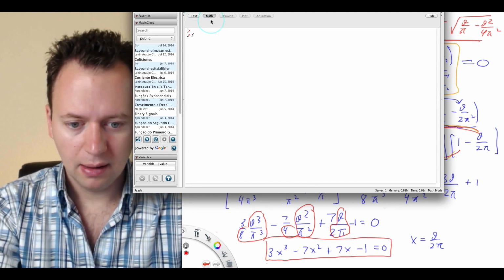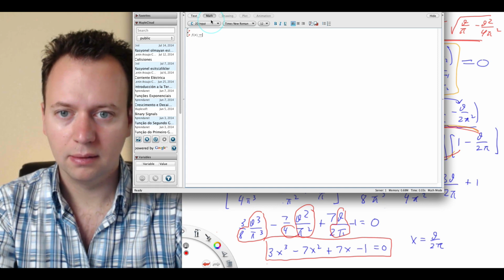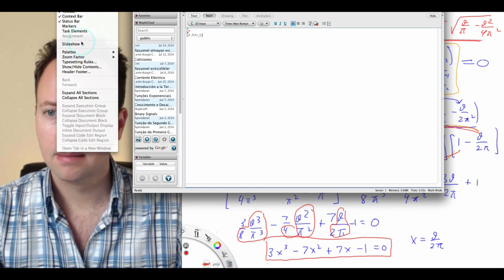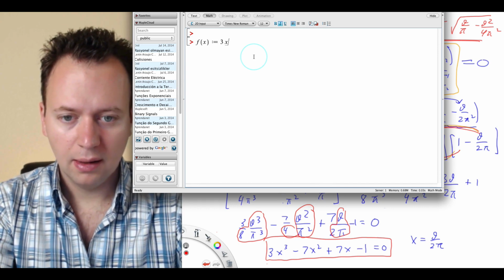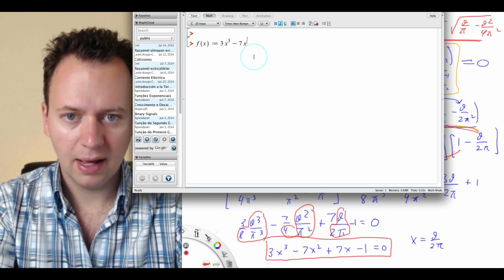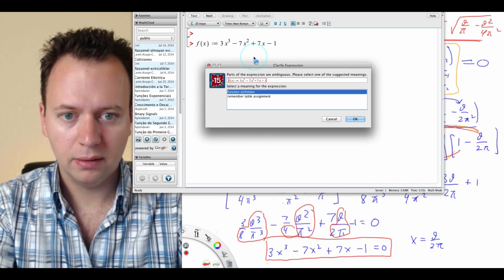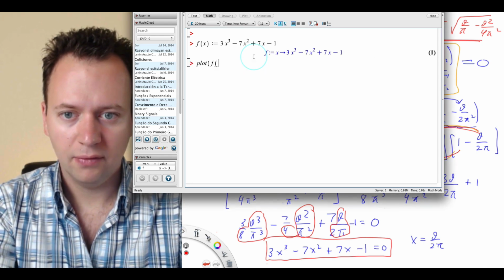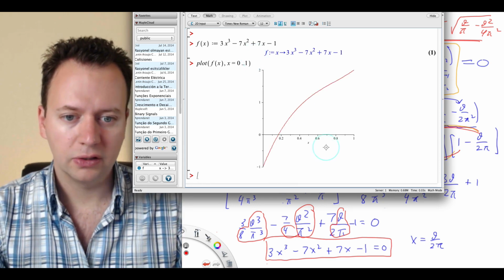So let's say f of x is 3x cubed minus 7x squared plus 7x minus 1. Plot f of x from 0 to 1. So yeah, there's the root right there.